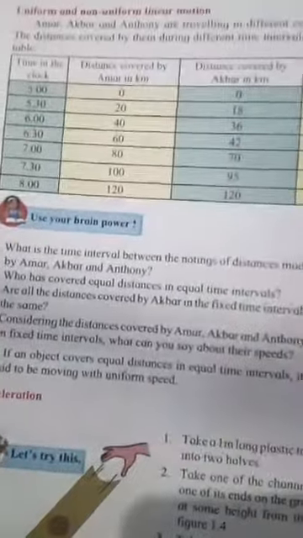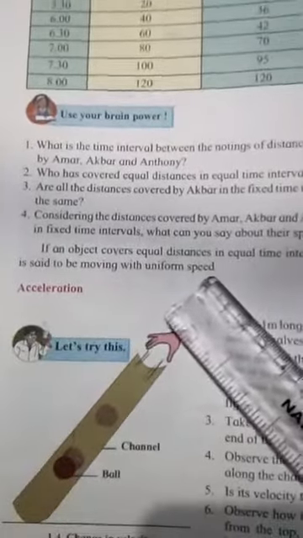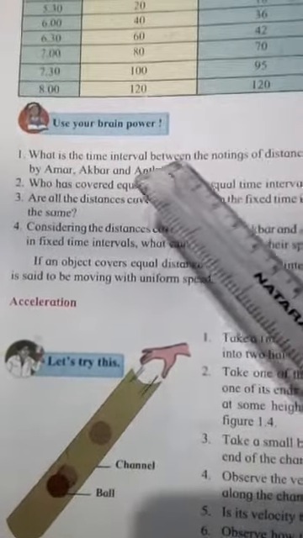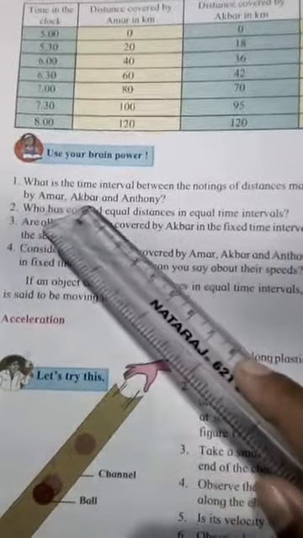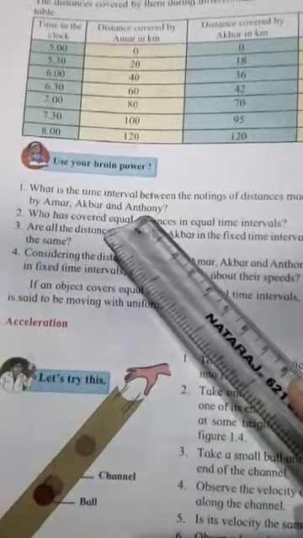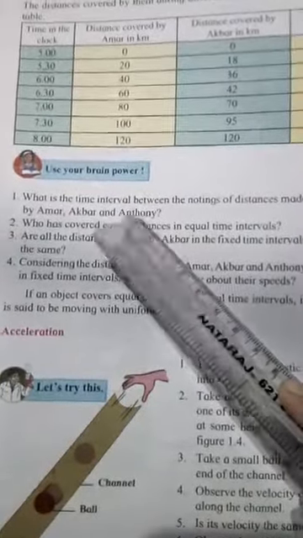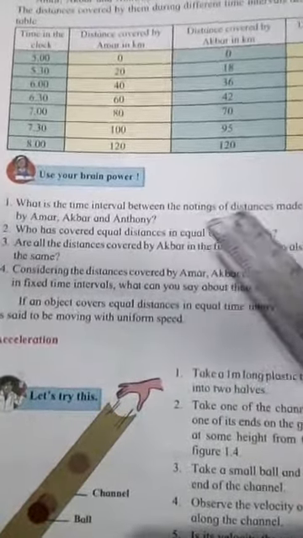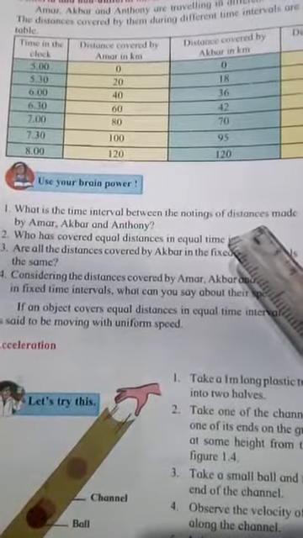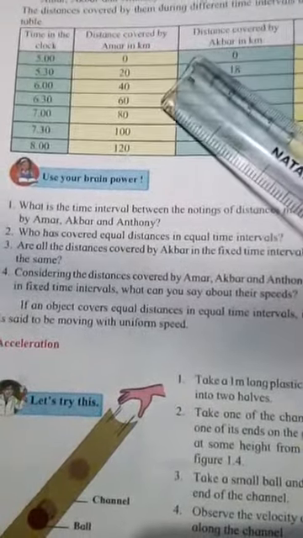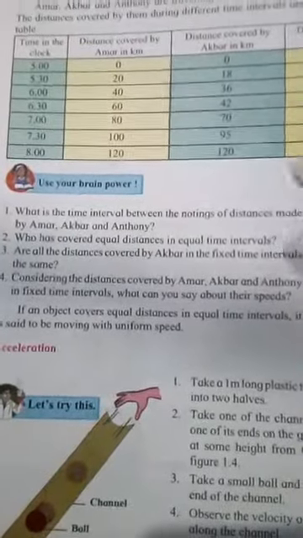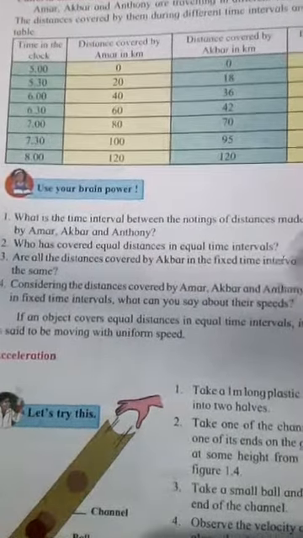Related to this table, we have given some questions here. First question, what is the time interval between the noting of distances made by Amar, Akbar and Anthony? So what is the time interval between noting distances? We note that Amar covered a distance of 20 kilometers.